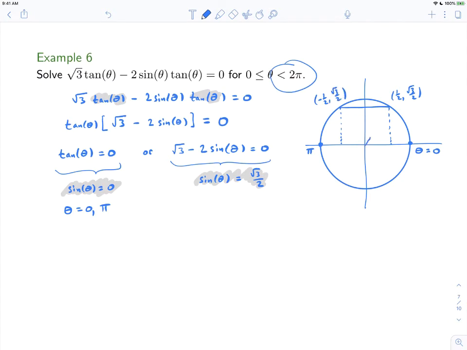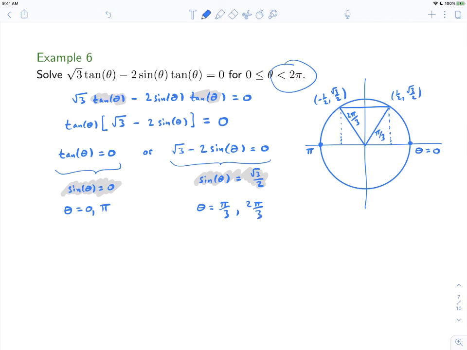The one in the first quadrant is the angle pi over 3. The one in the second quadrant is the angle 2 pi over 3. So that gives you the other two angles: theta equals pi over 3 and 2 pi over 3. And that's all we're looking for.